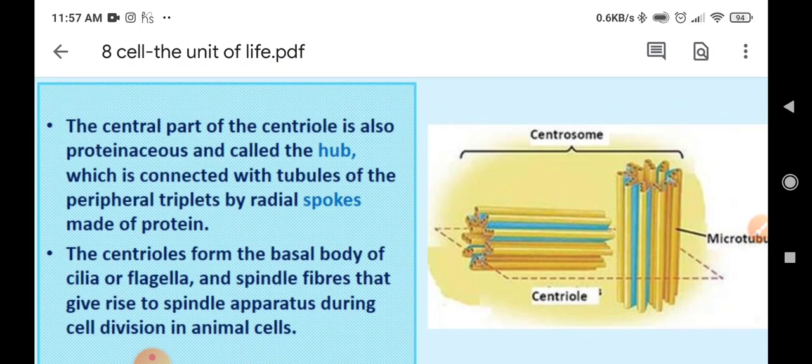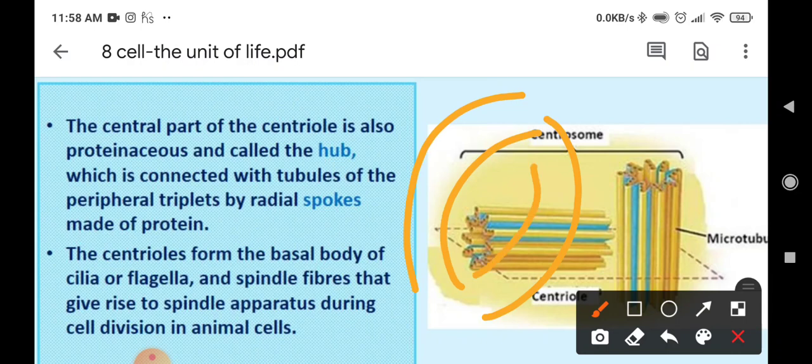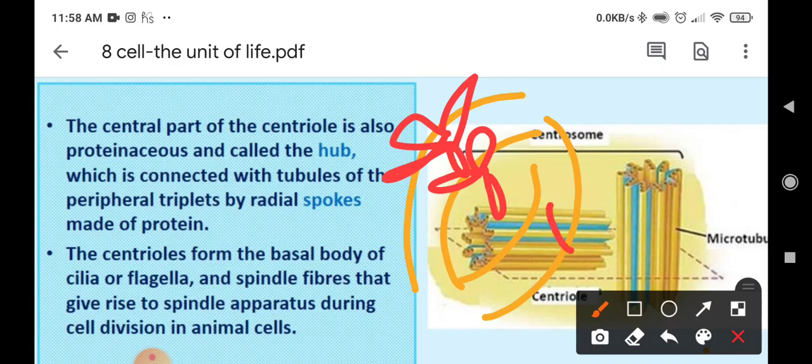Now you must be thinking about the spindle fibers. All of these are spindle fibers, and they have chromosomes attached to them like this. So they help in cell division. This is just a rough diagram; you will understand it better in the cell division chapter. So these are chromosomes attached to it.